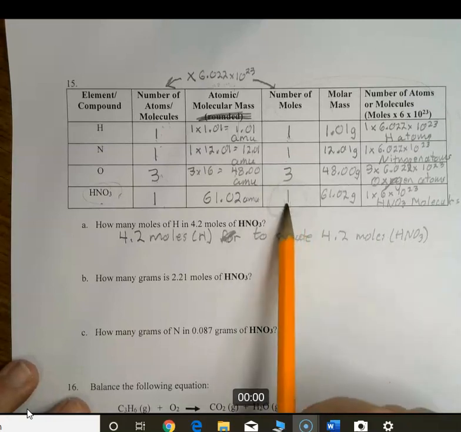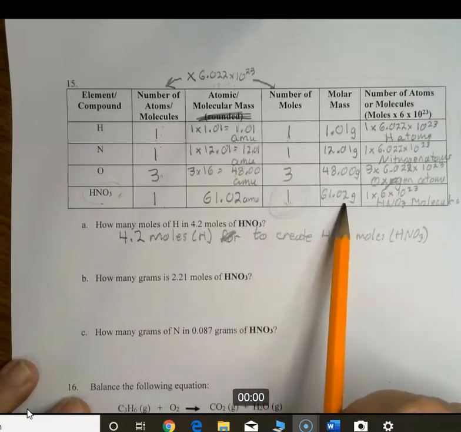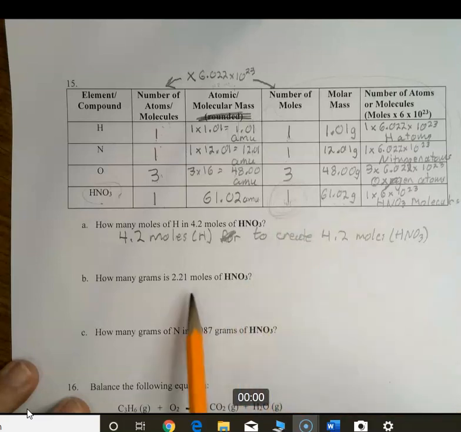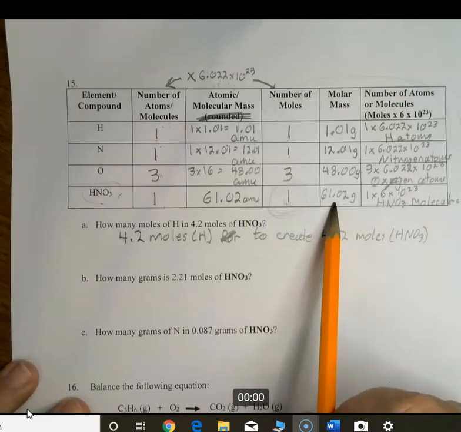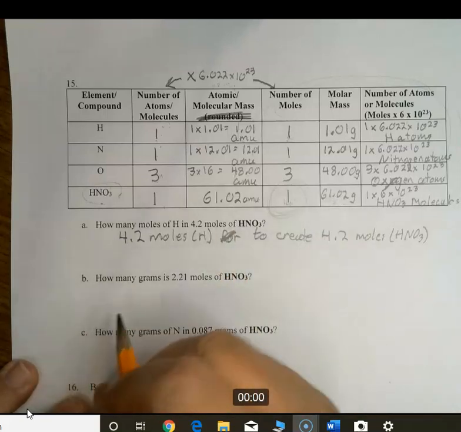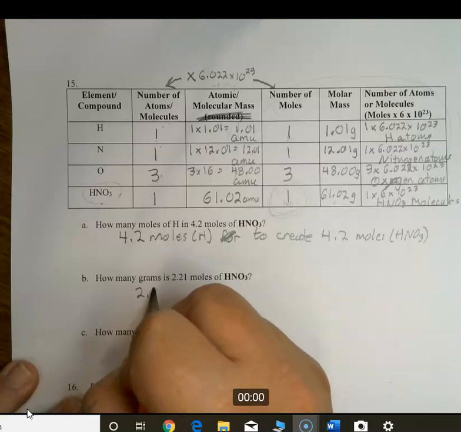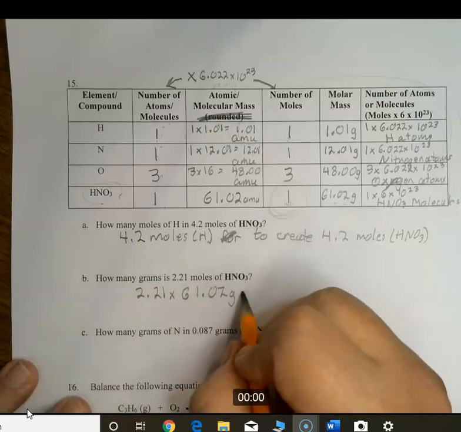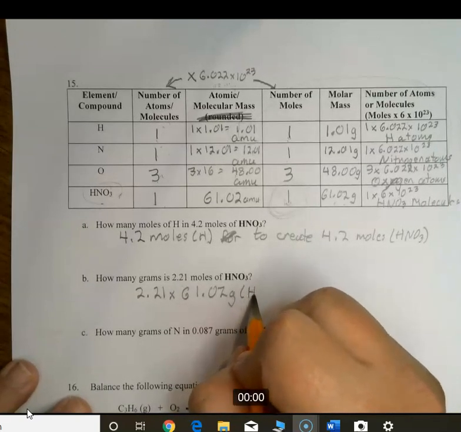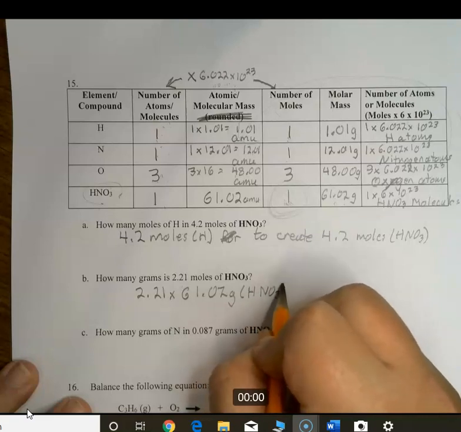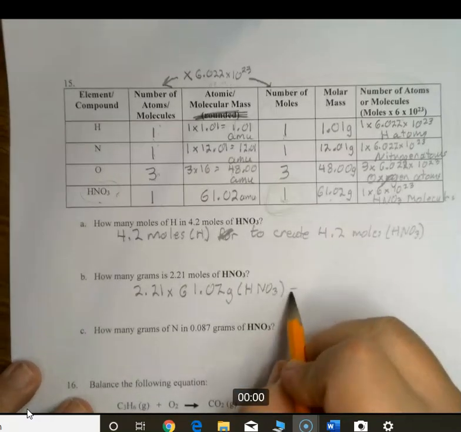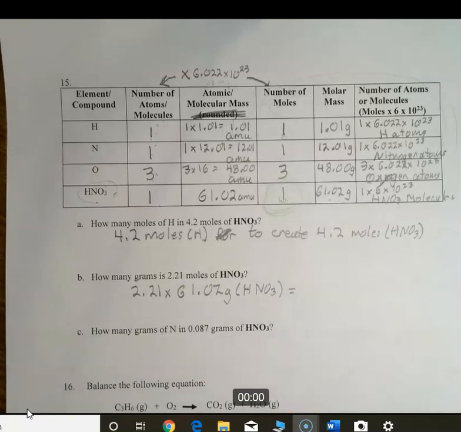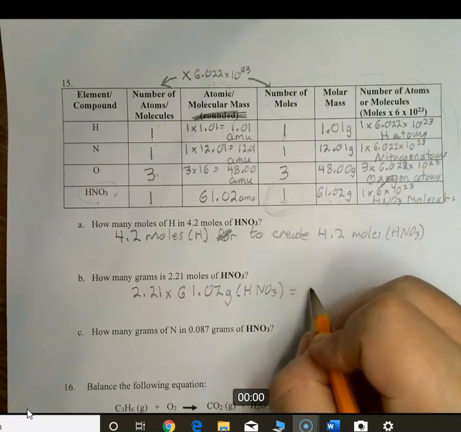So if 1 mole of HNO3 is 61.02 grams, then 2.21 moles is going to be 2.21 times 61.02 grams of HNO3. And that's going to give us 134.9.